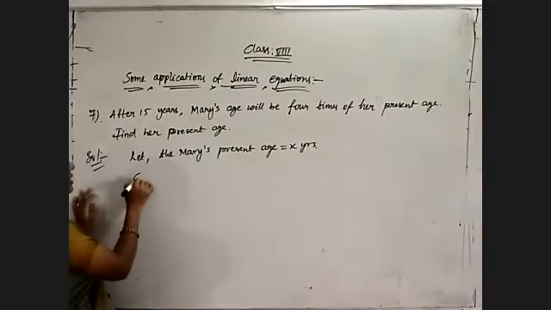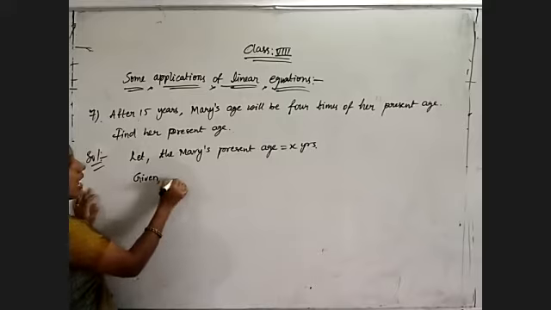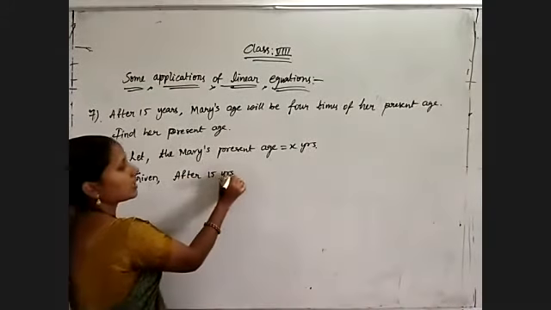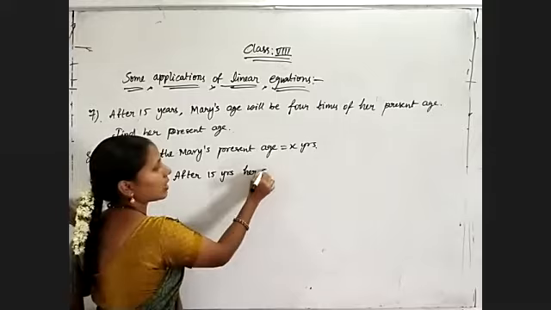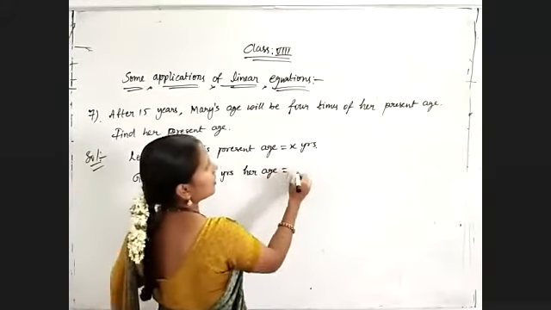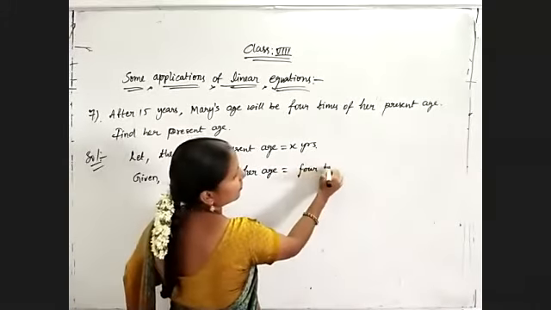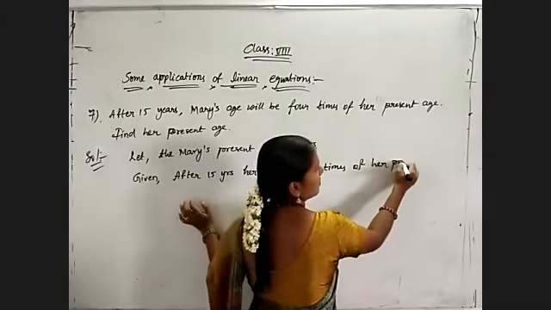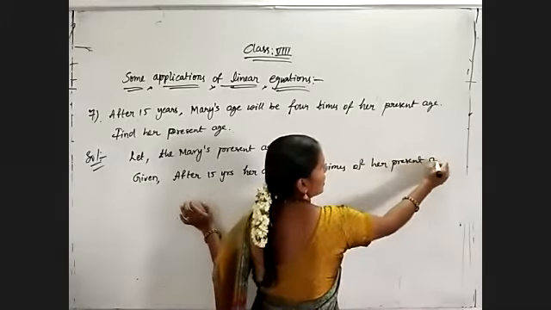Now given that after 15 years, her age will be equal to 4 times her present age. This is given in the question.